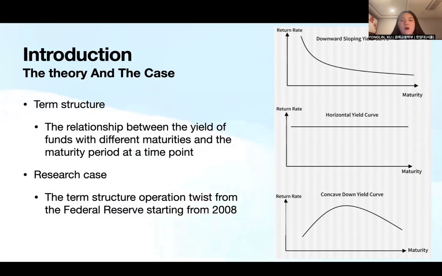That is why it is named operation twist. So this is basically the introduction of the two main parts.